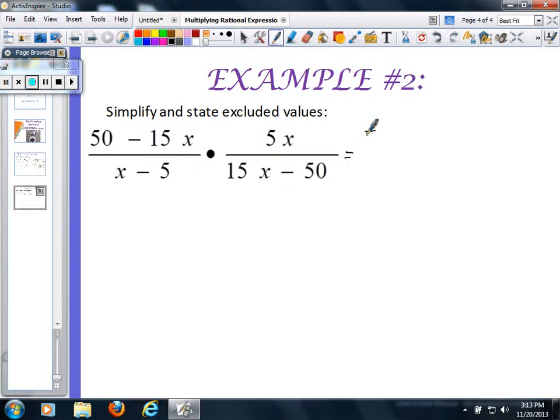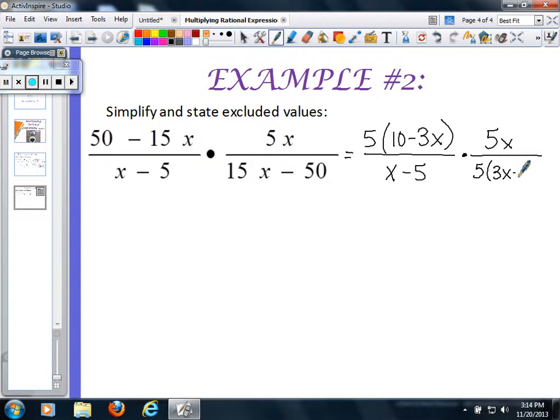So I'm going to pull out a 5. There is an x here, but there is no x here. So that's going to be 10 minus 3x over x minus 5 times 5x over, I can do the same number here, so this is 5, and this is going to be 3x minus 10.